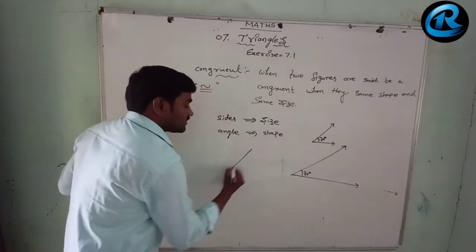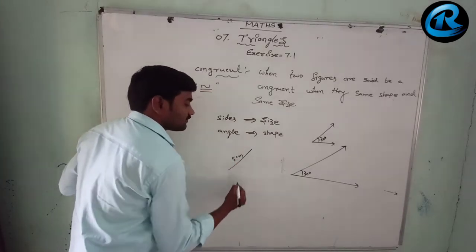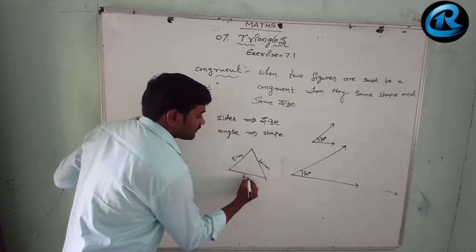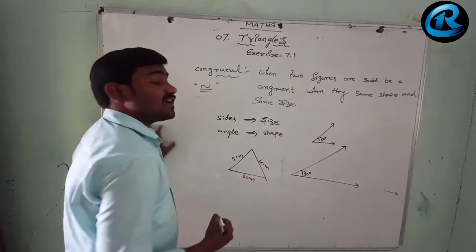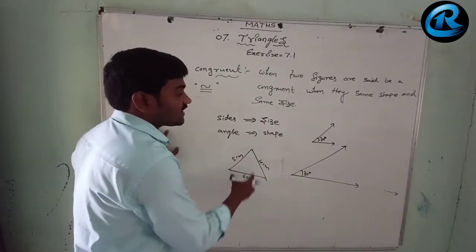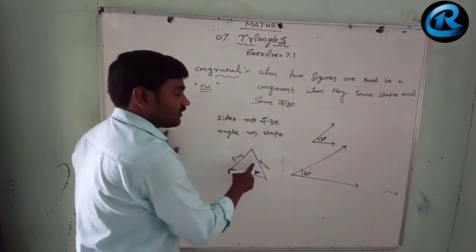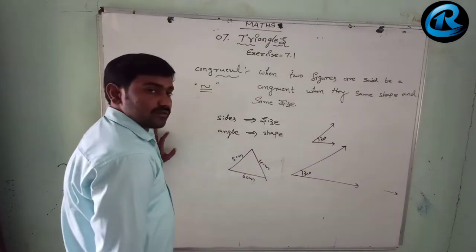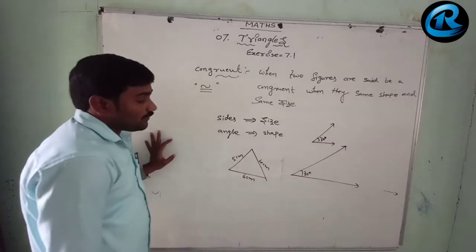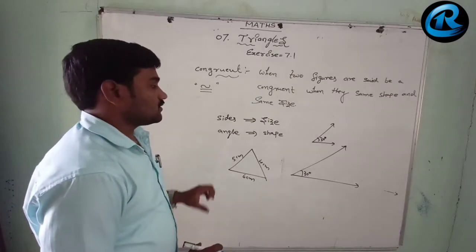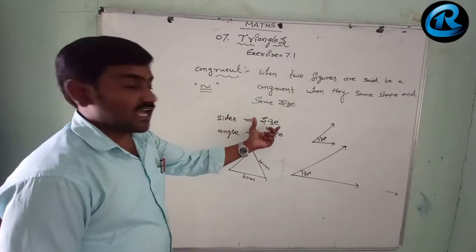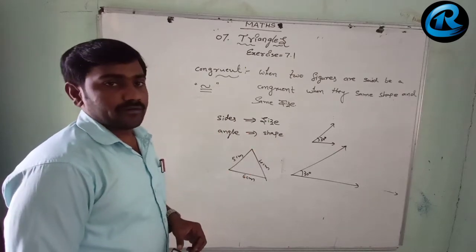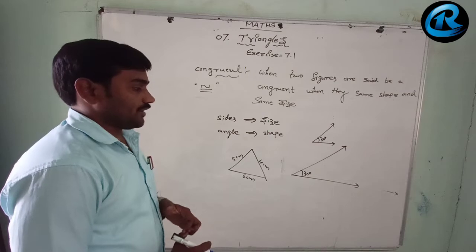Suppose the sides are 5 centimeters, 4 centimeters and 6 centimeters. So sides will decide the size of the figure, and angle will decide the shape of the figure. So remember, sides will decide the size, angles will decide the shape.